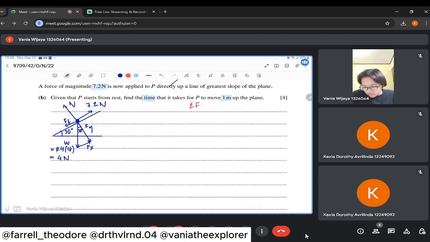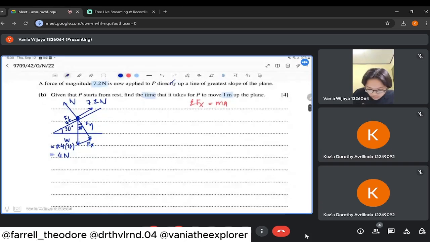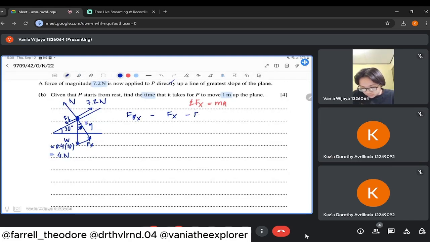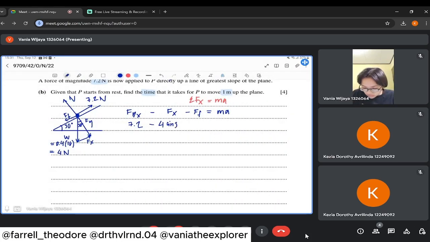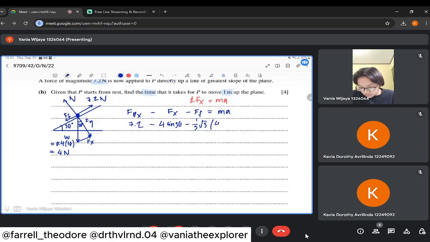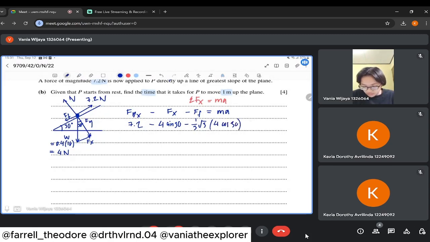For the sigma, Fx component equals ma. Driving force minus Fx minus Ff equals ma. The driving force is 7.2 minus the Fx, which is 4 sine 30, minus 1 over 3 square root of 3 and then 4 cos 30.